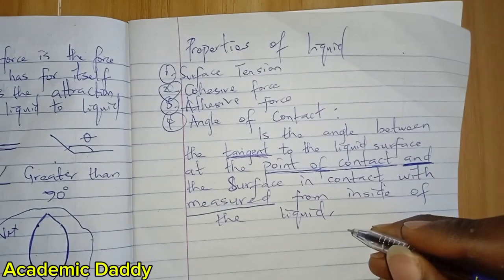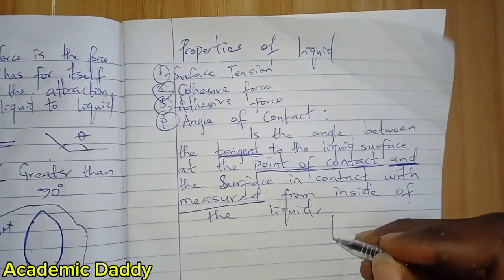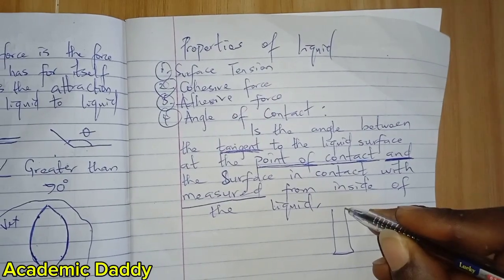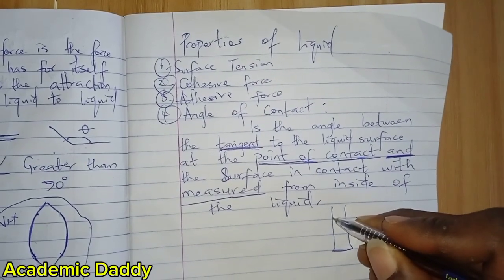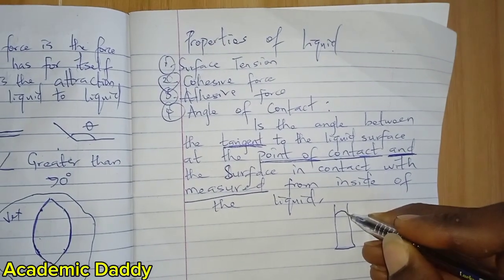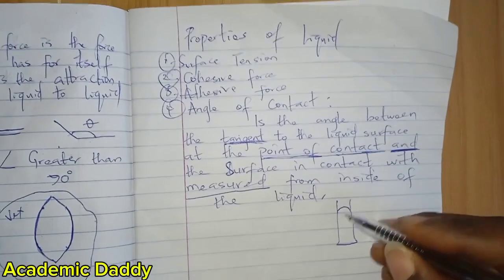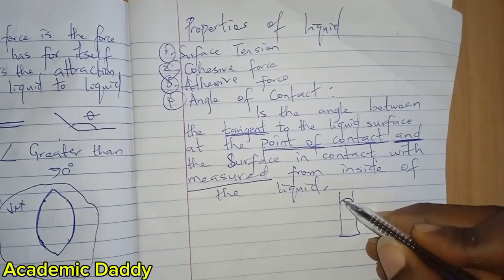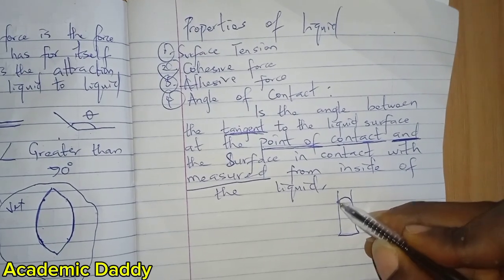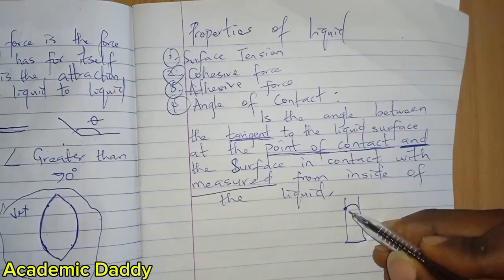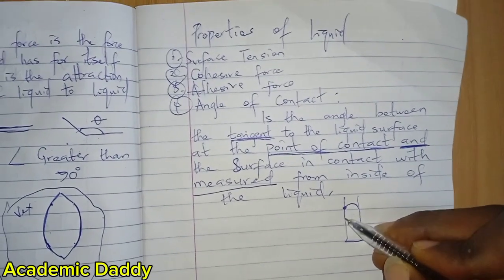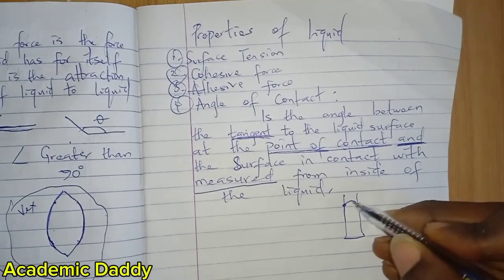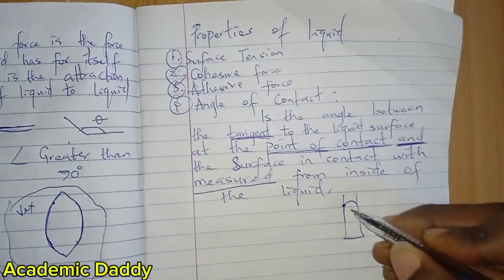So it simply means that when I have any particular liquid that, let's say for example, is giving me convex meniscus, the angle of contact simply comes to this point of contact. This is the glass down. The up one is not my business because this is where the liquid stops.